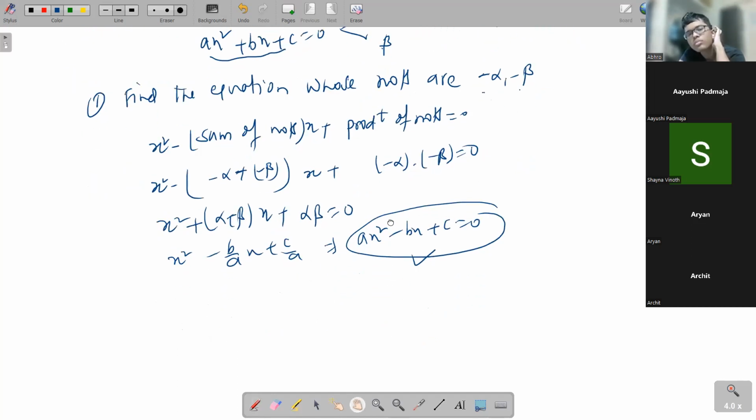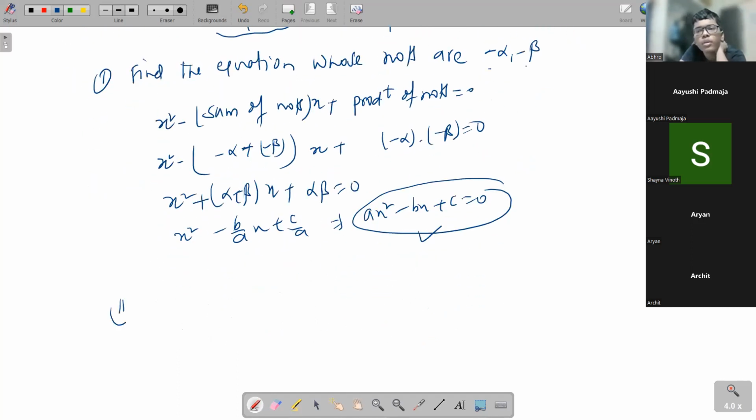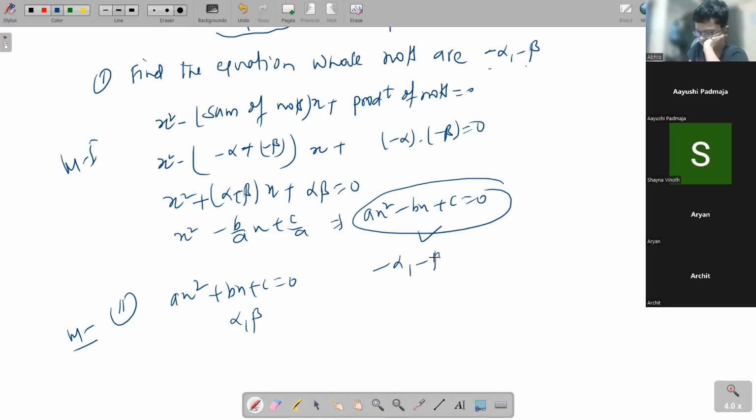And the other method we can simply use is method 2. ax square plus bx plus c equal to 0 has two roots, alpha and beta, right? Now we have to find the equation whose roots are minus alpha and minus beta.